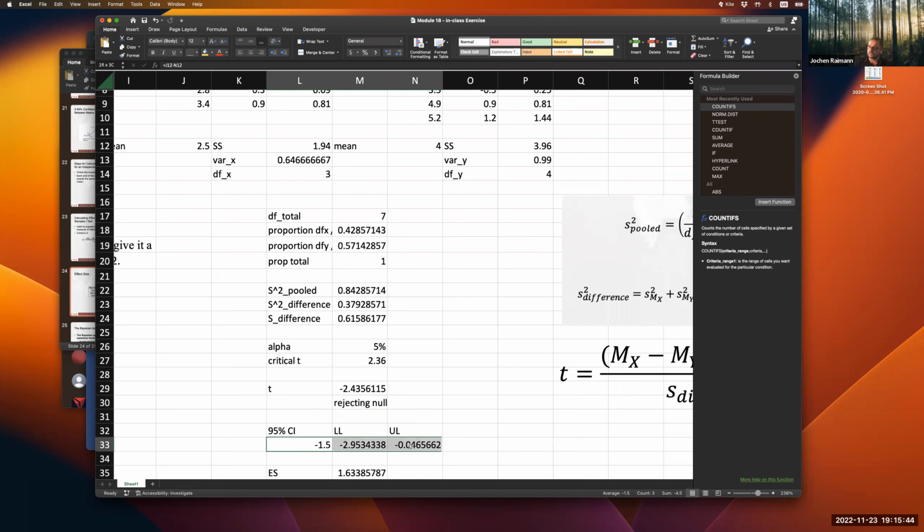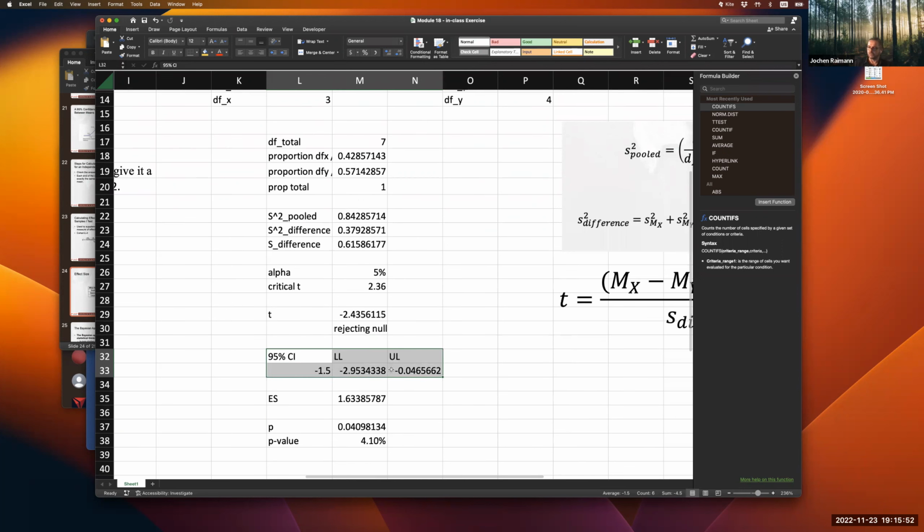We have now finally computed the confidence interval, which shows that 0 is not contained within the 95% confidence interval surrounding our mean difference between the two groups. That confirms our interpretation that there's a significantly different liking or rating.